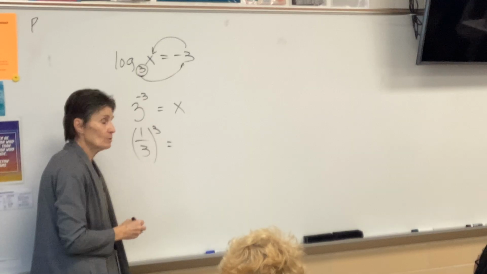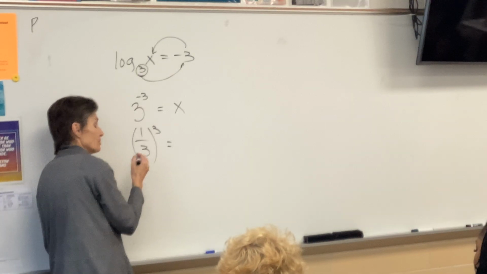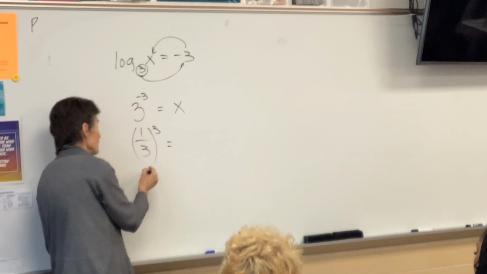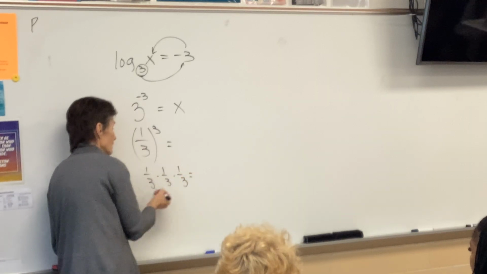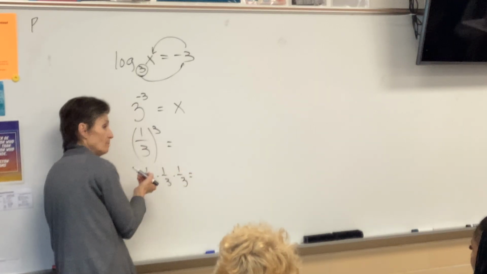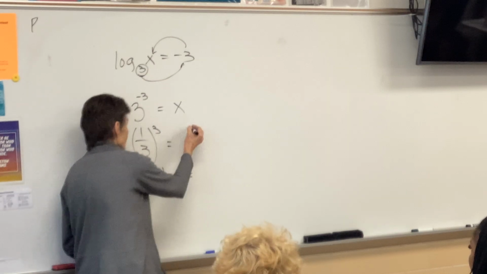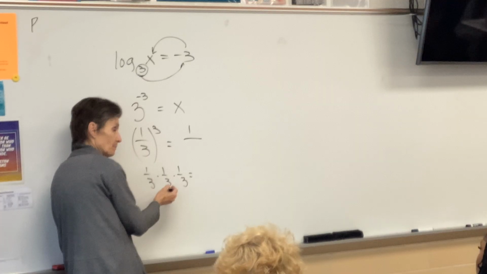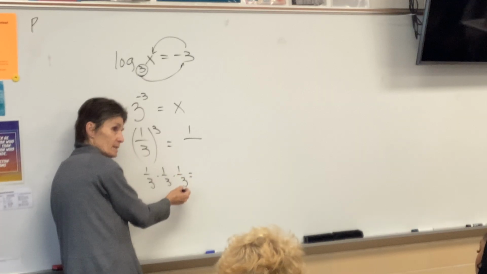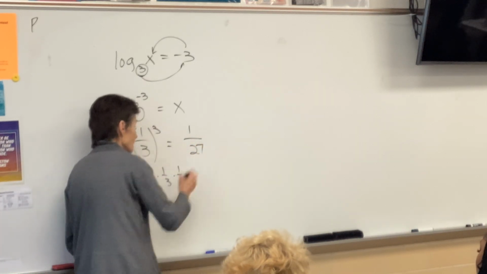And some of you are still struggling with that notion. So go ahead and write it down. 1/3 times 1/3 times 1/3. What is 1 times 1 times 1? 1. And what is 3 times 3 times another 3? 27. There you go.